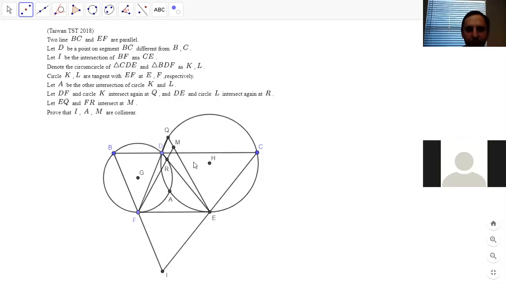So I think to show that AECQ is harmonic, let's see.